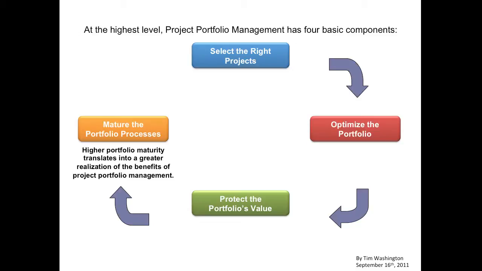And the underlying rationale here is that if we have a very good functioning portfolio where benefits are clear, where we select products in a good way, and so on and so forth, all the aspects that we've talked about in this course, a good, mature portfolio should translate into that we realize a lot more of the benefits that we want, right? So the better we get at this, the better the benefits that we get from it are going to be. Well, that makes perfect sense, I guess, right?